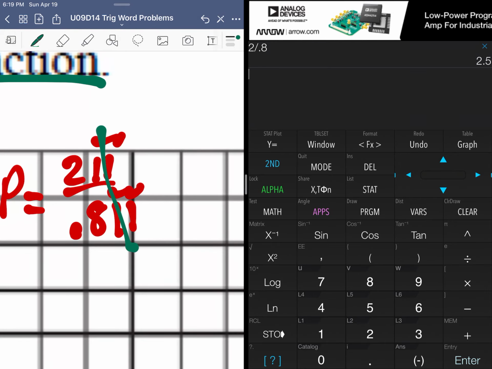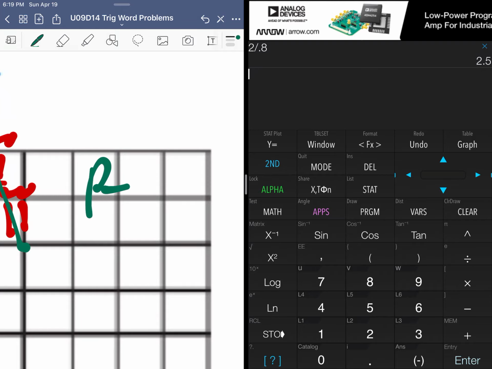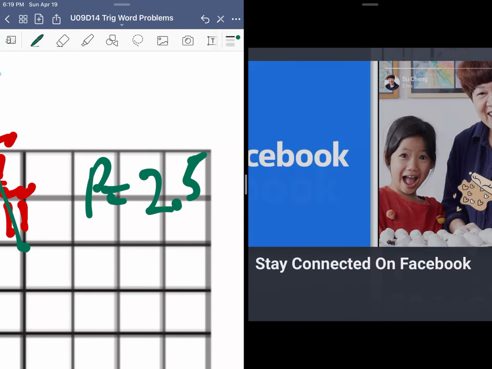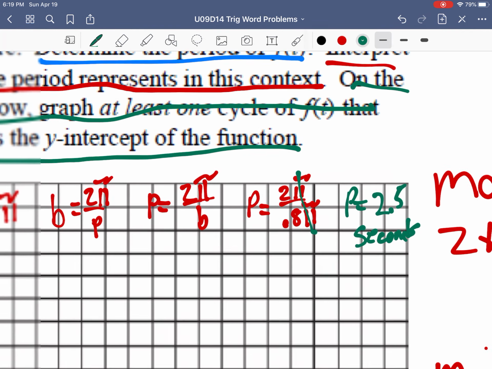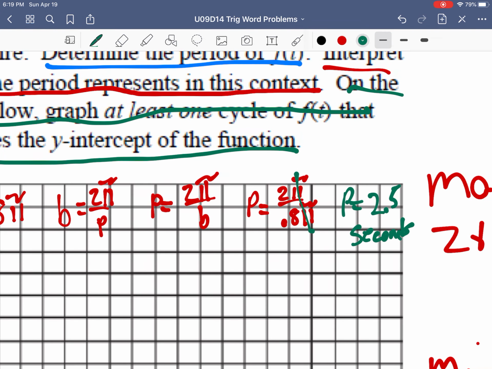So that means that the period is 2.5 seconds, which is one of our requirements for this problem.